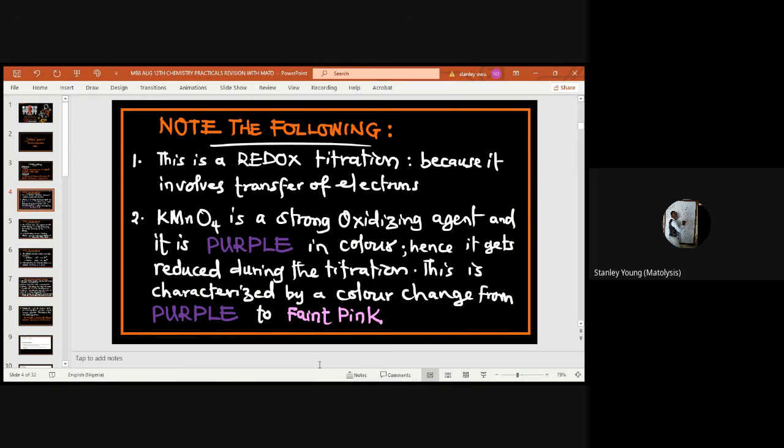KMnO4 is a strong oxidizing agent, and it is purple in color. Because it is oxidizing, it gets reduced during the redox reaction. And this is characterized by a color change. The color changes from purple to faint pink.